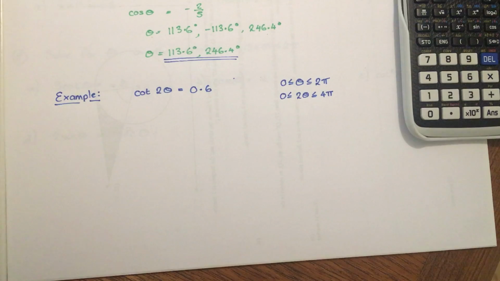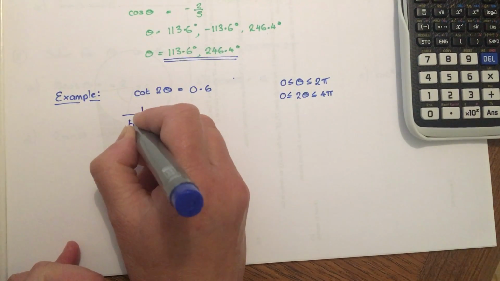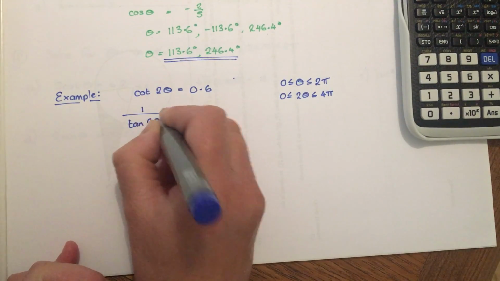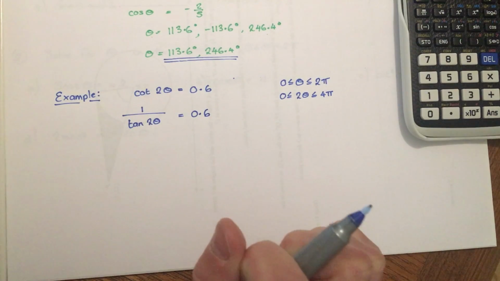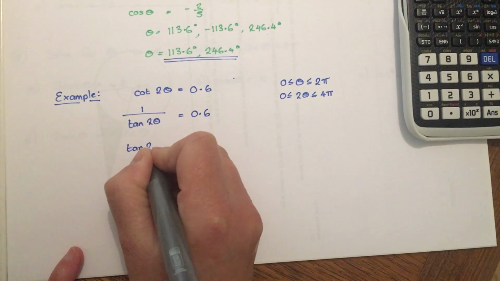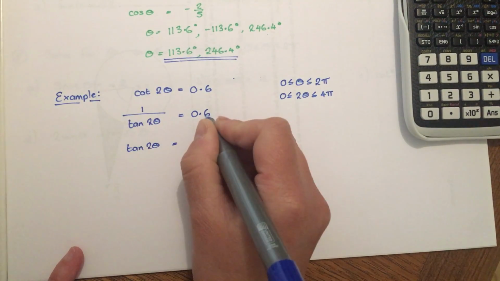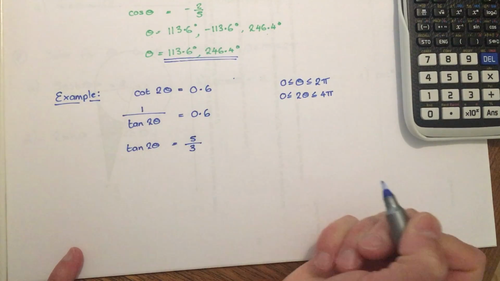Right, going back to this side then, we know that cot is 1 over tan. So I'm left with 1 over tan 2 theta equals 0.6. We can take the reciprocal of both sides. If I reciprocal this side, I get tan 2 theta. Remember, 0.6 is 3/5, so if I reciprocal that, I get 5/3.